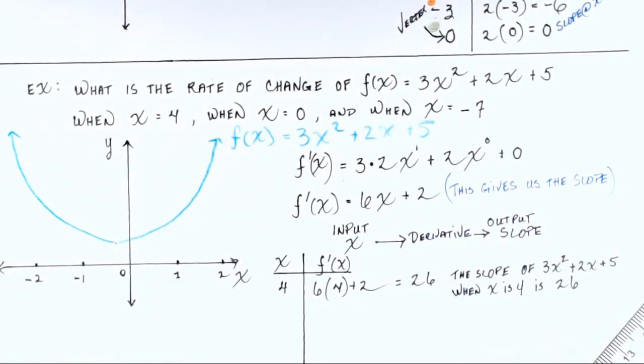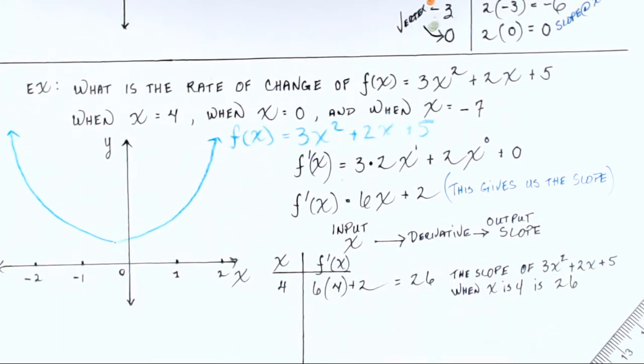So that's extremely steep, and it's a positive slope. So that's a positive number.